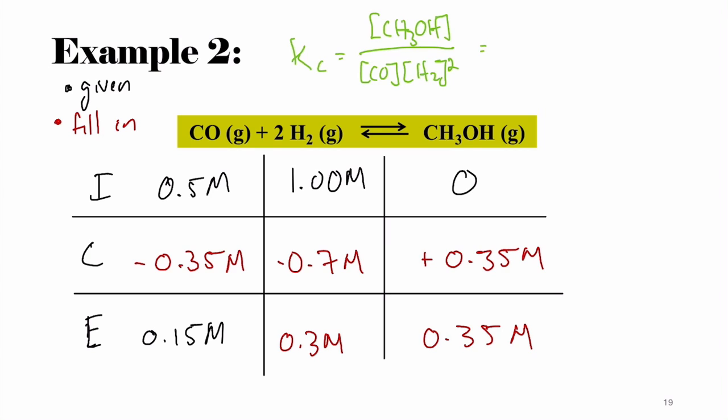And that gives us 0.35 molar over 0.15 times 0.3 squared. Sorry, not in the numerator, that's not squared. Plug that in: 0.35 divided by 0.15 divided by 0.3 squared. I get about 25.9.